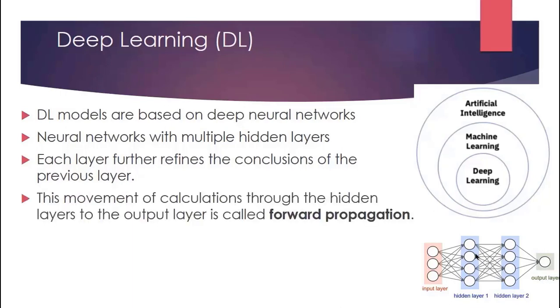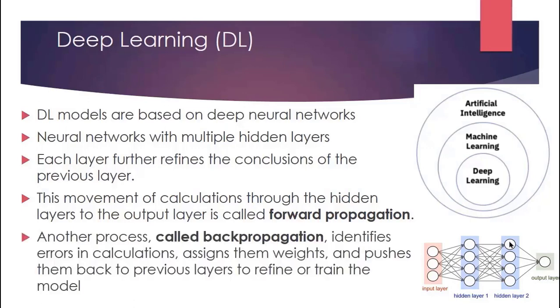This movement of calculations through the hidden layer to the output layer is called forward propagation. Another process called back propagation identifies errors in calculations, assigns them weights, and pushes them back to the previous layer to refine or train the model.